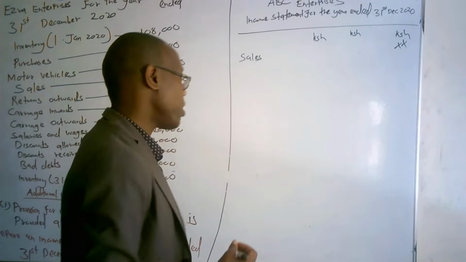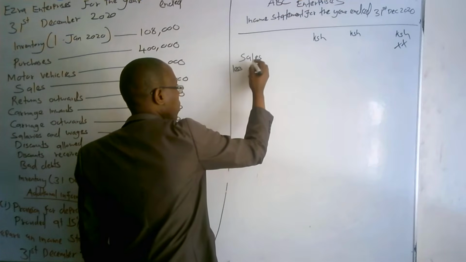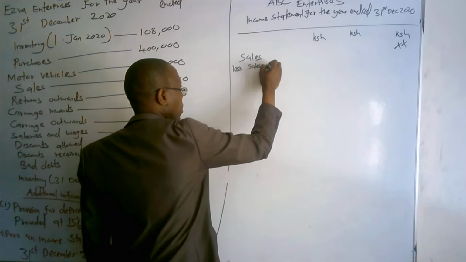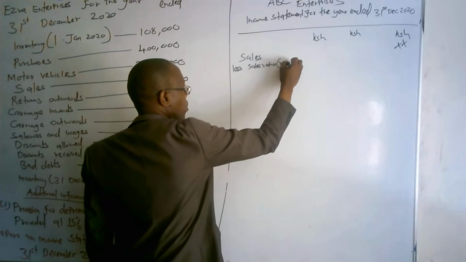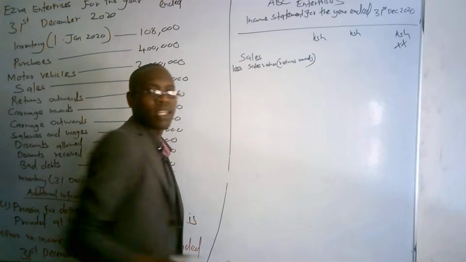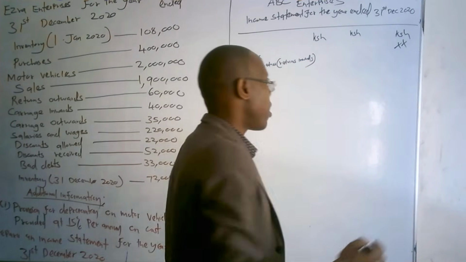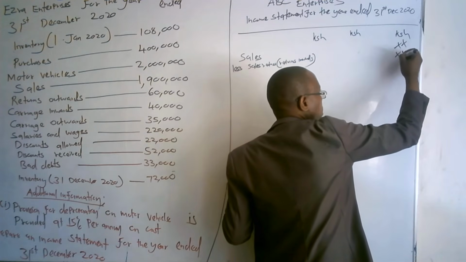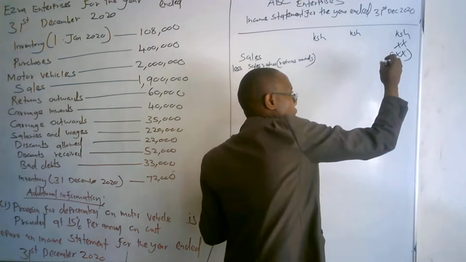So if we have the sales returns, we say we less the sales returns, which is the same as the returns inwards. It is the only adjustment that is going to be made under the sales.